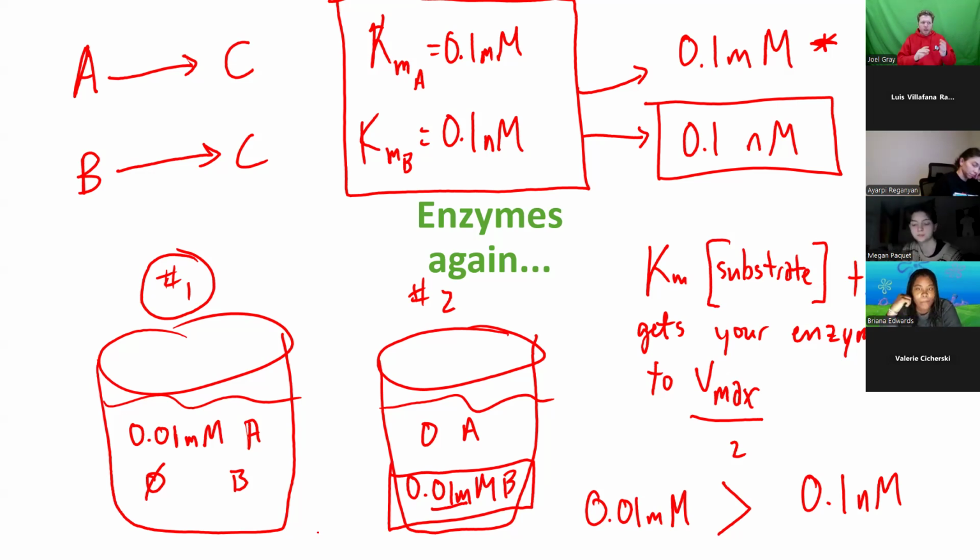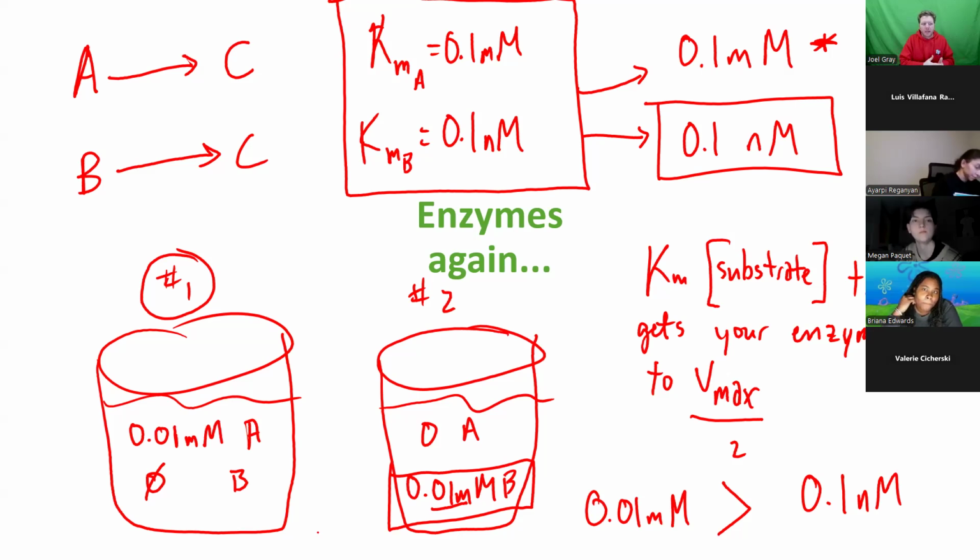So we've got an idea of what Km is. It is a substrate concentration, the substrate concentration that gets you to half of your maximum velocity. I mentioned last time, and maybe this didn't stick, that I think about it almost like a compensation.